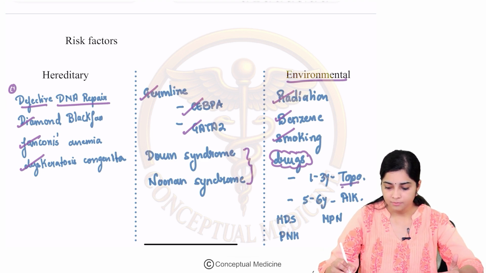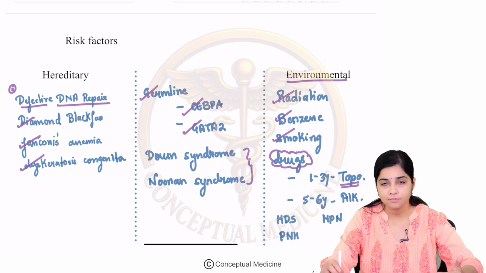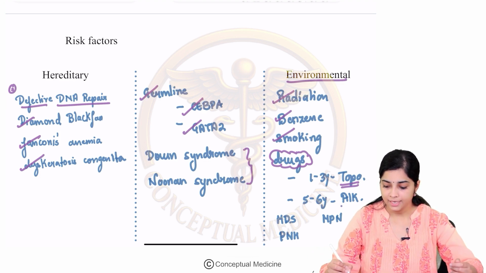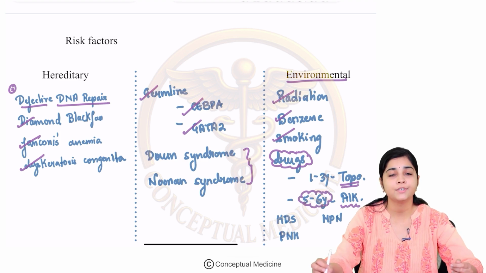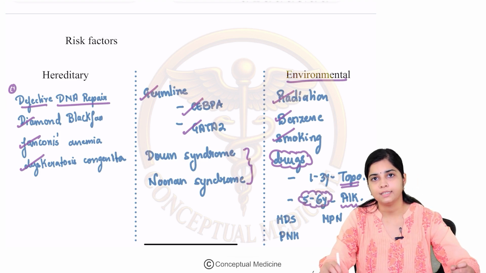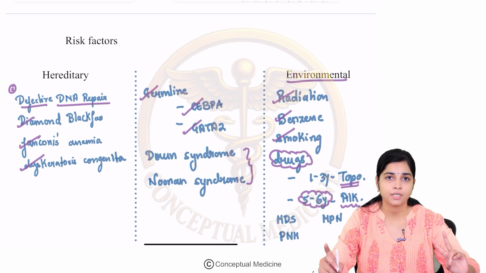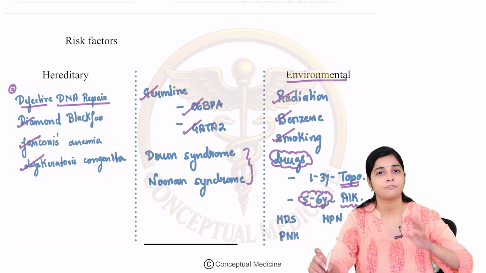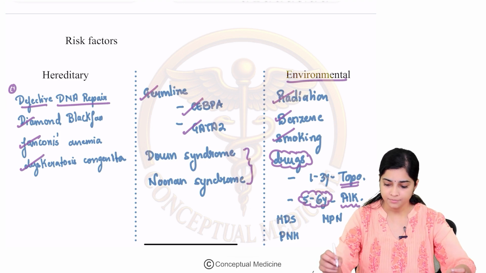Topoisomerase inhibitors have a risk of secondary AML after 1 to 3 years of use. Then we have alkylating agents, where the risk is after 5 to 6 years of use. So, remember, two groups of drugs are very important, and the years after which a secondary AML can present.